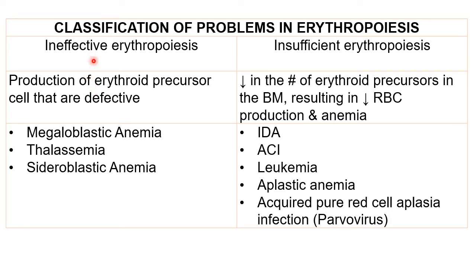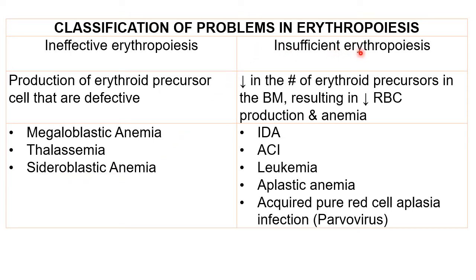Okay? Ano yung mga conditions na pwede natin ma-appreciate yung ineffective erythropoiesis? So first, megaloblastic anemia. Yung mga cells, hindi sinusundan yung tamang RBC maturation, kaya naiiwan sila as large size. Kaya tinawag natin silang megaloblastic anemia. Problems with globin chains, yung ating thalassemia, and in cases of porphyria and lead poisoning sa sideroblastic anemia.